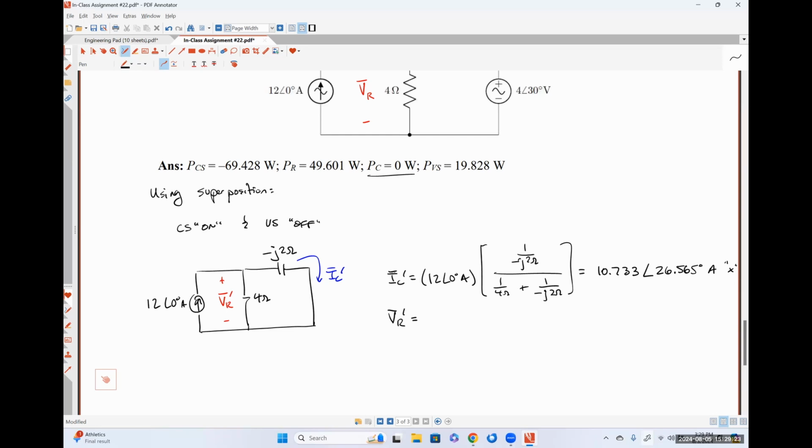So because the capacitor and the resistor appear in parallel, since we have that capacitor current, multiplying it by the impedance of the capacitor gives us the voltage drop across both the capacitor and that resistor. Perfect.